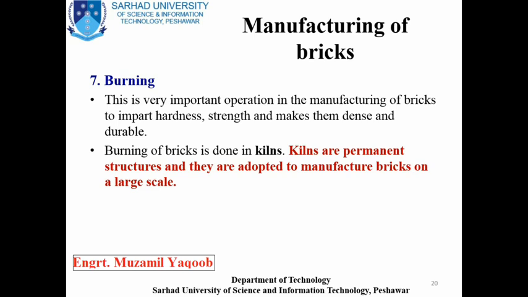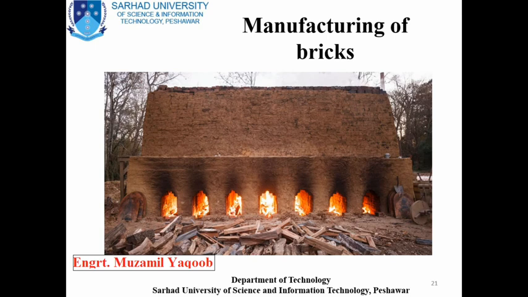In general, bricks are burnt either in kilns or clamps. Kilns are permanent structures and they are adapted to manufacture bricks on a larger scale. The bricks are fired at a high temperature of about 1000 degrees centigrade.